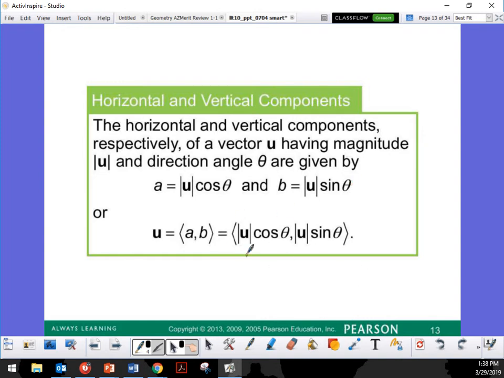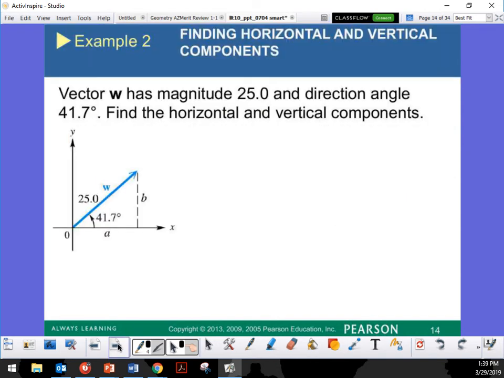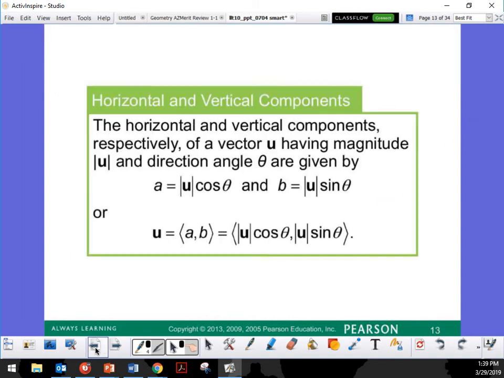So it comes out to be u cosine theta, comma, u sine theta. It has a magnitude and direction. Find the horizontal and vertical components.